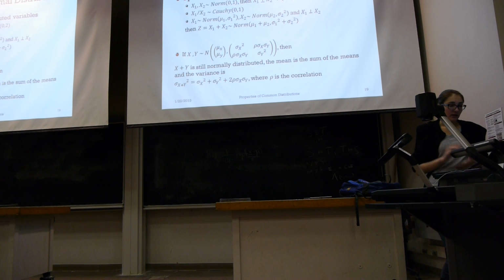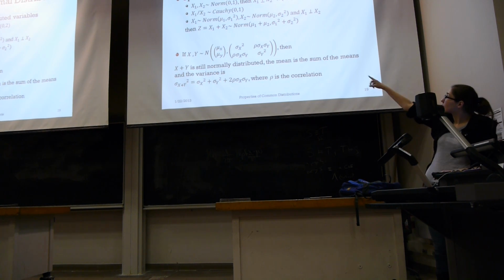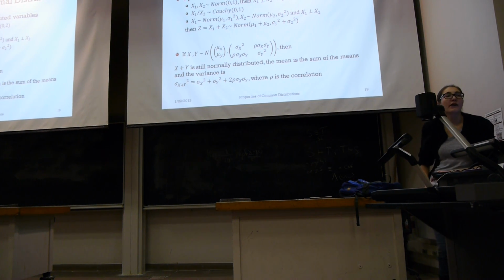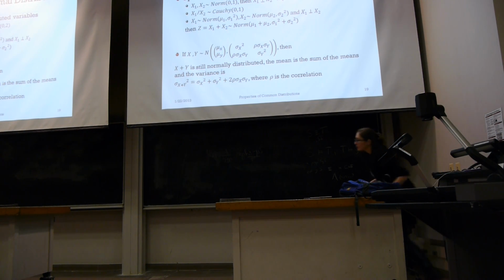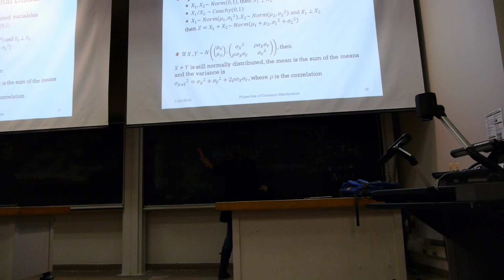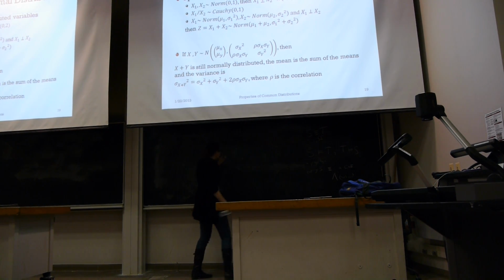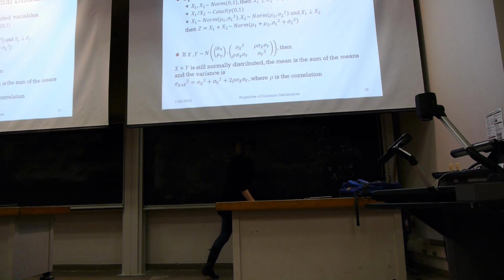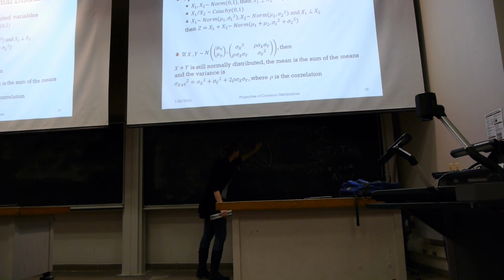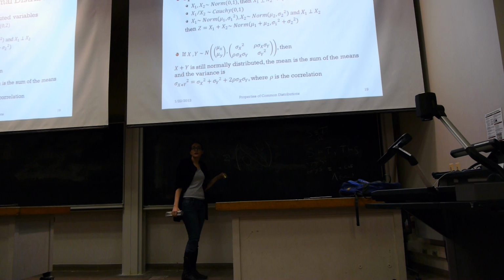That matrix is the covariance matrix. When the variables are independent, the covariance matrix looks like this: stuff on the diagonal, and everything else is zero. What's the covariance matrix?